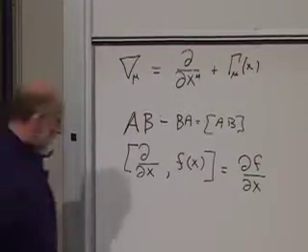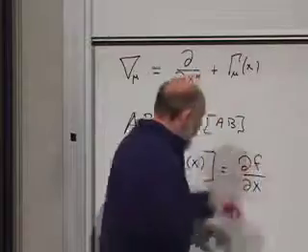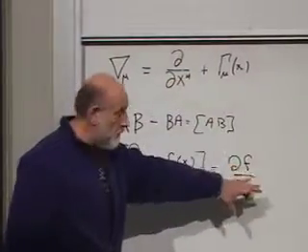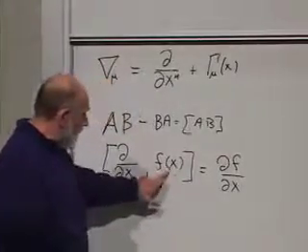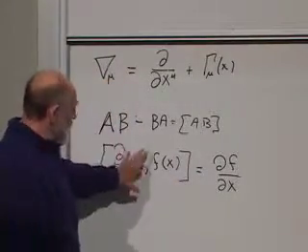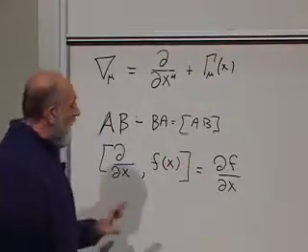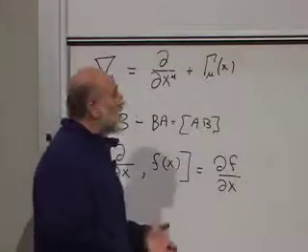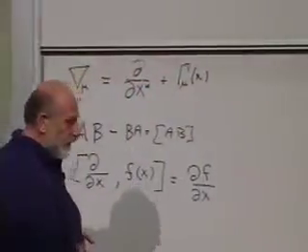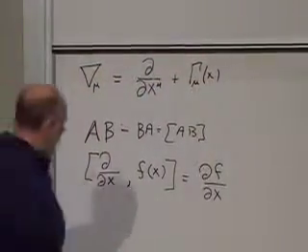What does this mean? f of x now is just a function, but it's thought of as an operator. It's not the thing that these expressions act on. The things that they act on, we can give another name, we'll just call v of x. It doesn't have to be a vector function of x, just some function of x.